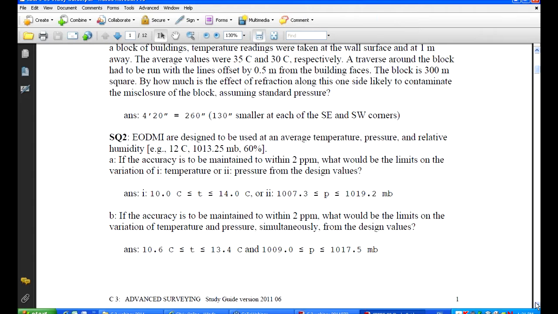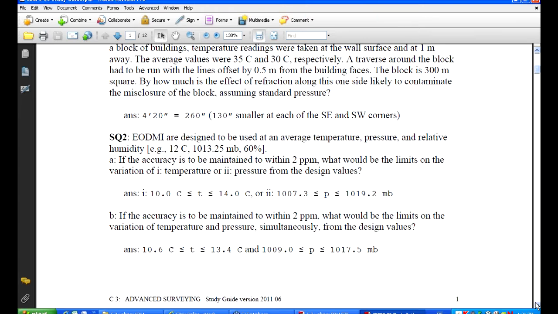Now, if you look in the manuals for EDM, or for the electronic distance measuring portion of a total station, it will usually give the conditions under which the display gives the proper value. And commonly it's at 12 degrees Celsius and standard pressure and 60% relative humidity. So if you're working in that temperature and pressure, then the display is correct. But as you get colder or warmer from that, you may have to start worrying about the meteorological correction.